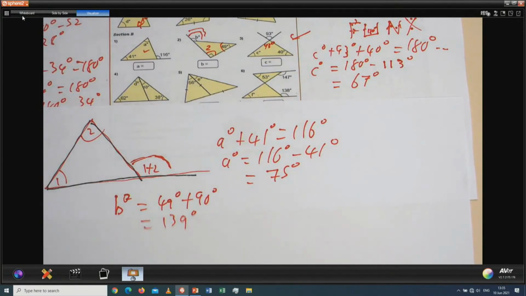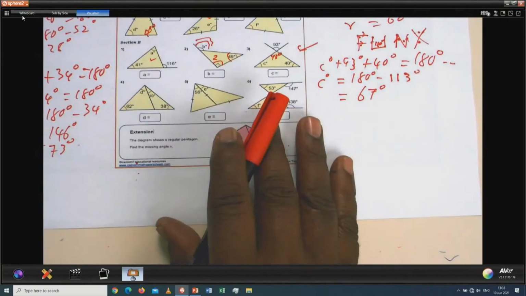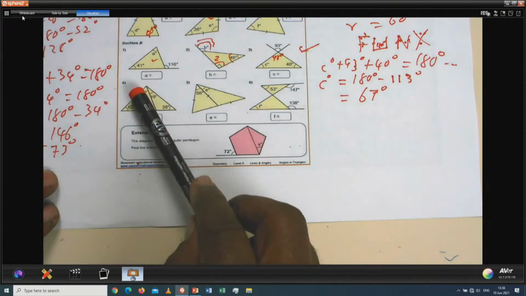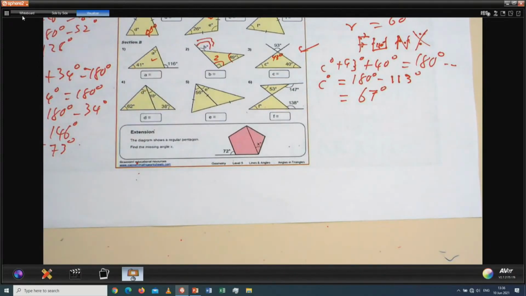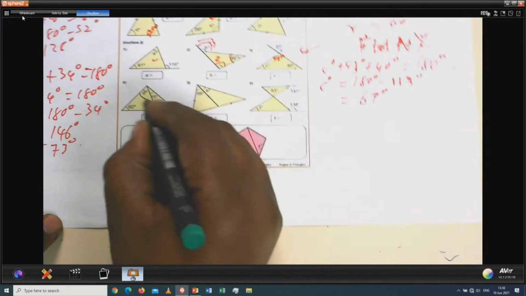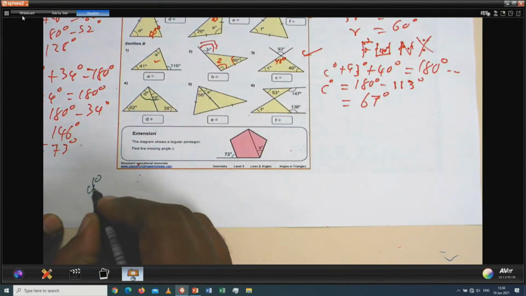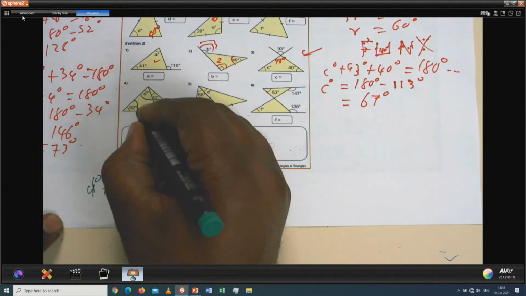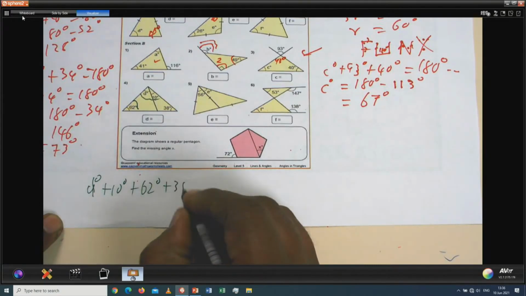Now they will also ask you these questions combined. But again, look at it, okay, I've got a triangle. I've got this angle, I've got this angle, I'm also given. So this is one angle. Angle D degrees plus 10 degrees is one angle, plus this angle, plus 38 degrees.